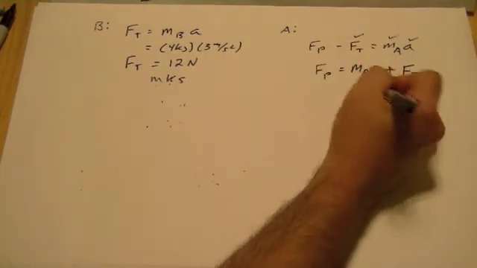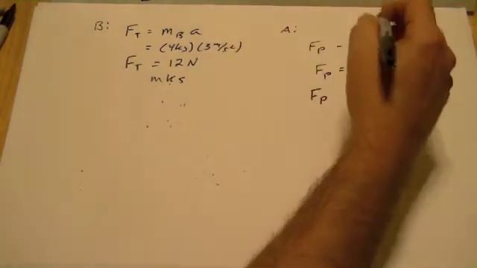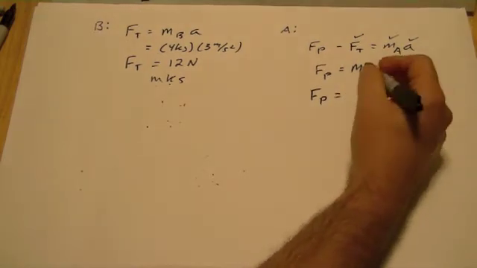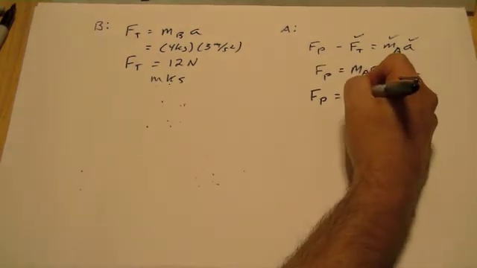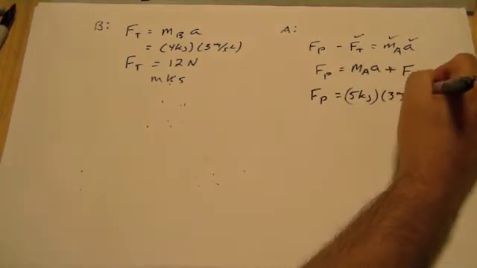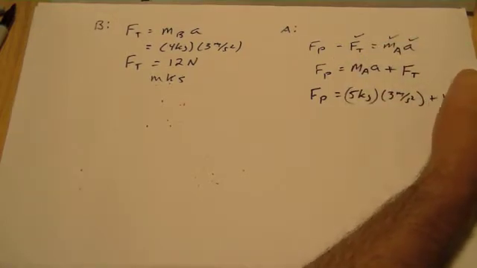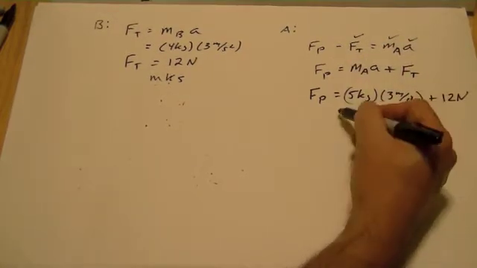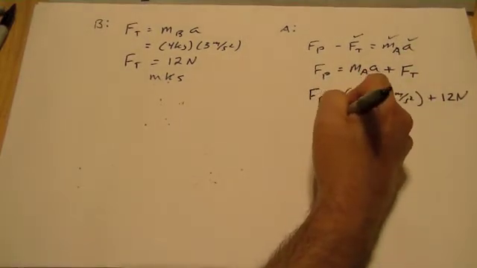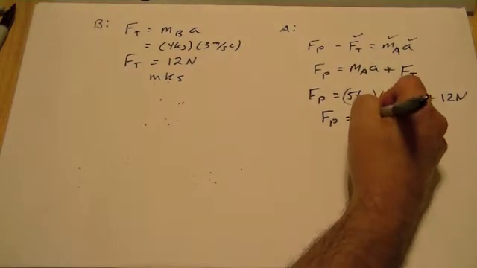And I substitute in the numbers now, and I get that Fp, the pulling force pulling block A, is equal to 5 kilograms times 3 meters per second squared. Now, because I brought the force over the other side, I'm now adding 12 newtons. And I get 15 plus 12, so the two blocks must be pulled with 27 newtons of force.